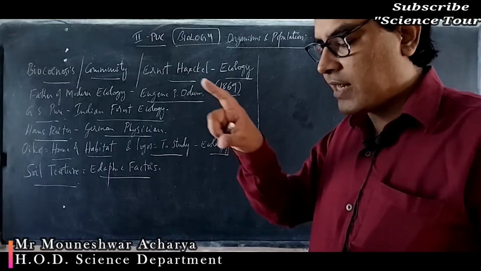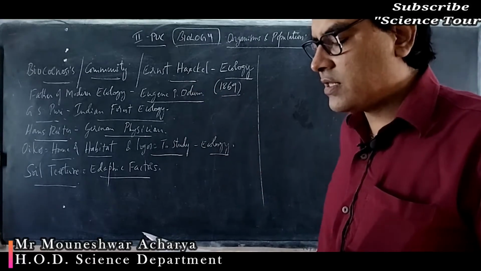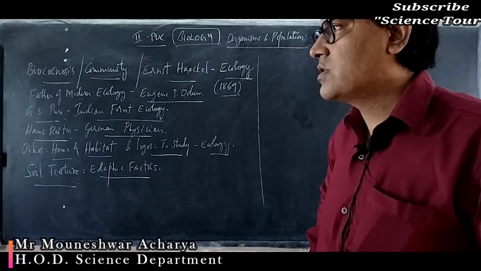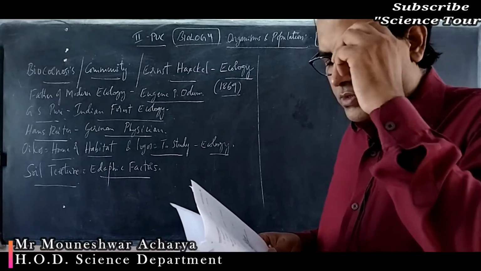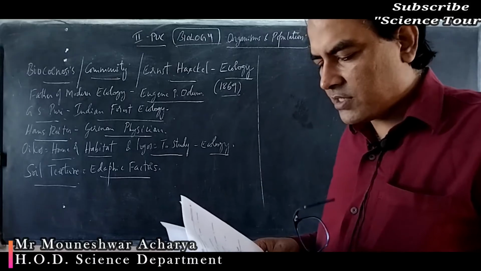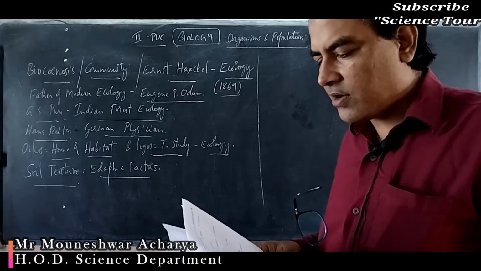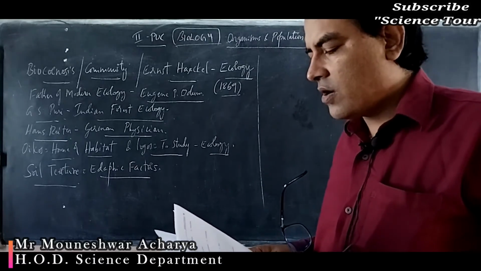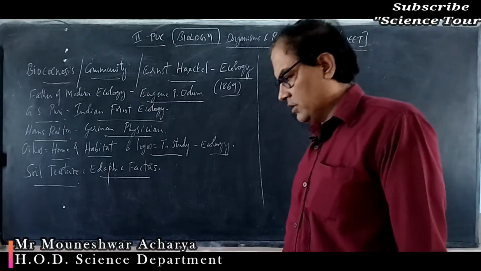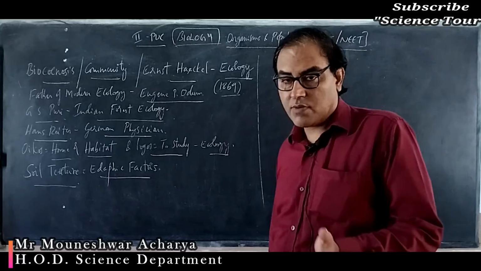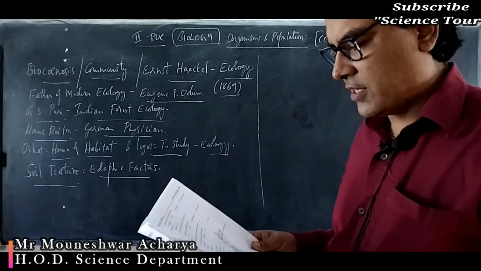So archaebacteria can thrive in thermal springs. It is not the fungi, nor the protists or actinomycetes. It is the archaebacteria. We have already studied the cell wall composition of archaebacteria in the chapter on biological classification.